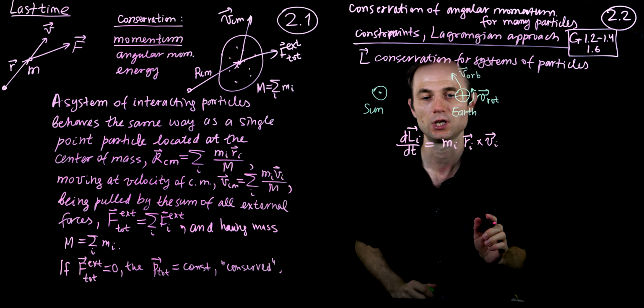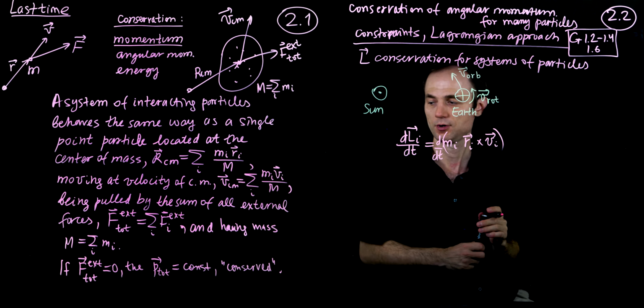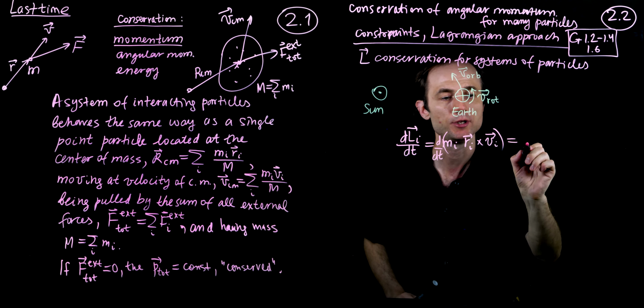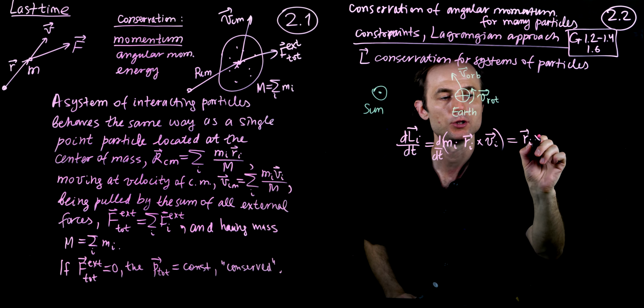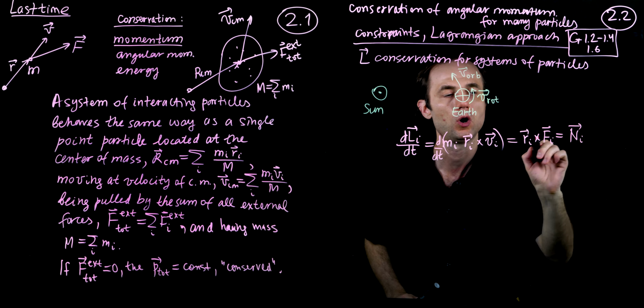So this is just the angular momentum of the particle. And then we take the time derivative of this. That will be equal to the torque that's acting on this particle.